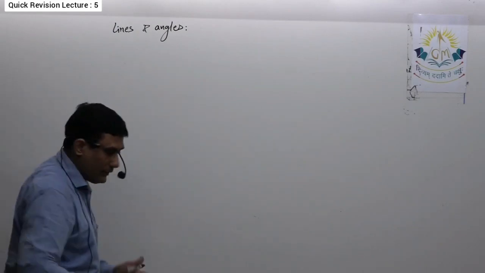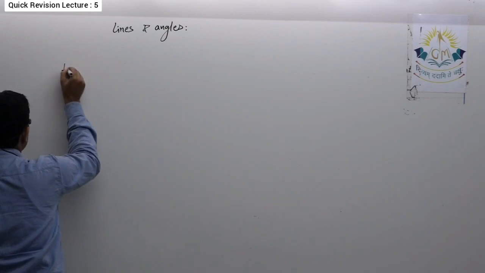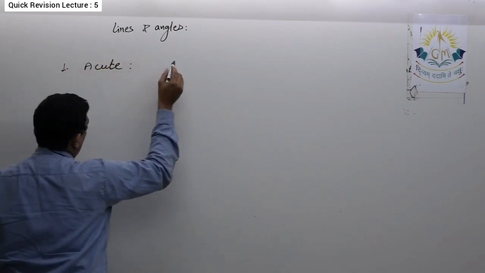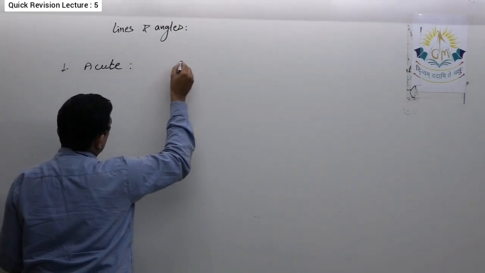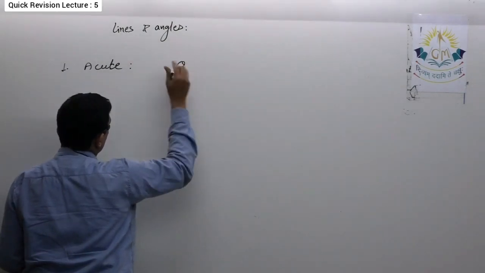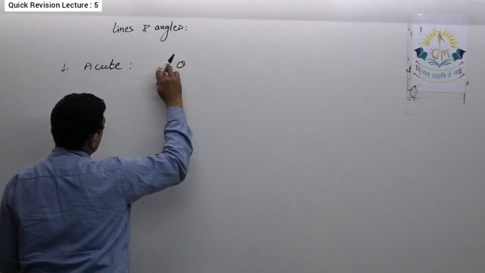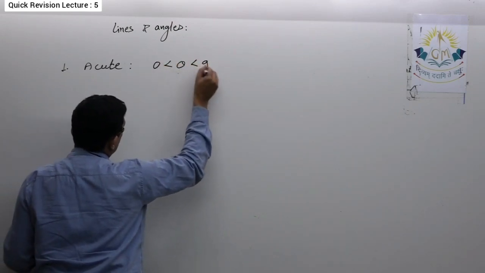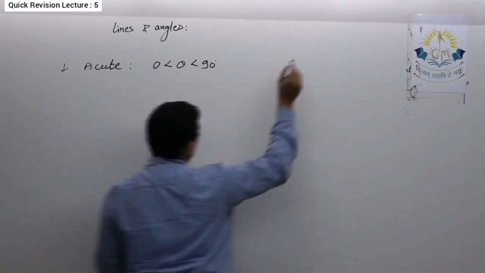Now after this we'll see the classification of the angles, types of angles. So very first is the acute angle. An angle whose measure is greater than 0 degrees and less than 90 degrees is called an acute angle.